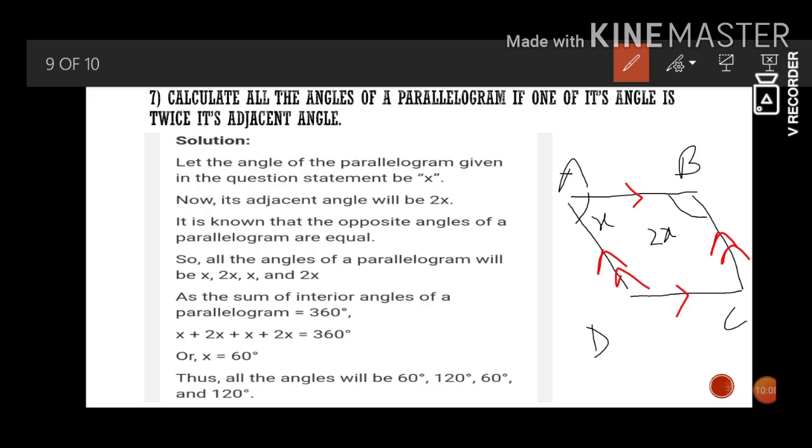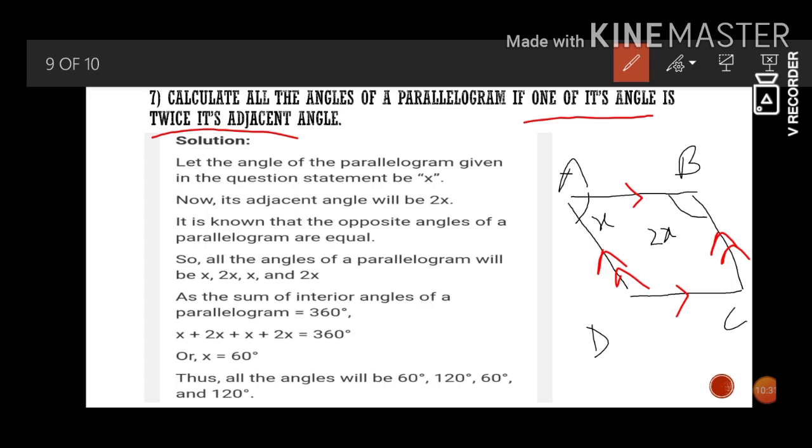Here the question says one of its angles is twice its adjacent angle. If we consider angle A as x, then the adjacent angle is angle B, which is 2x.